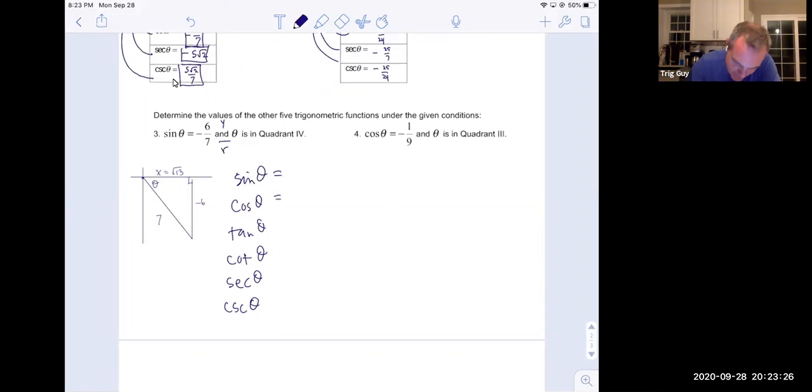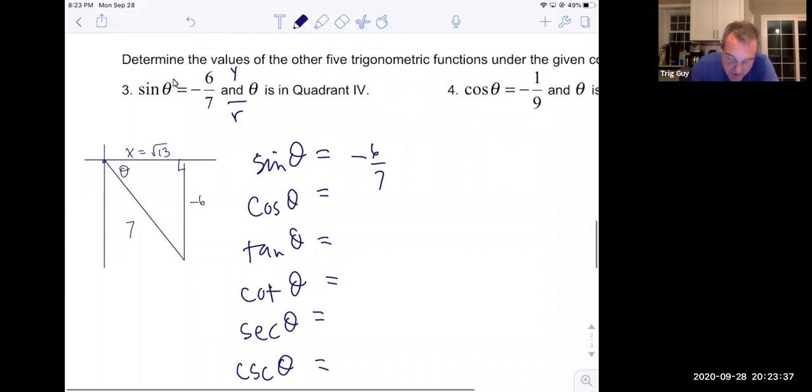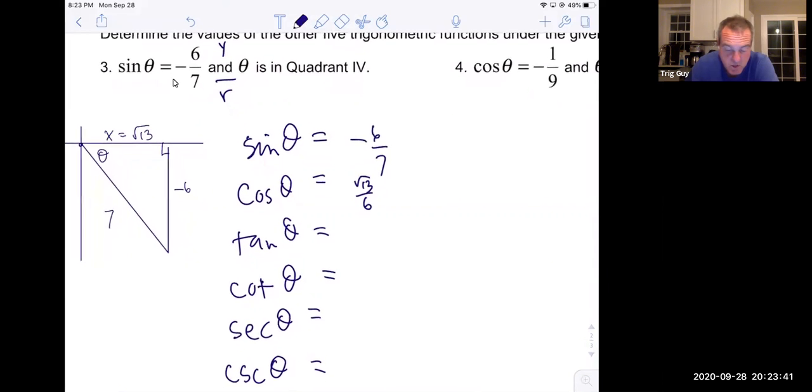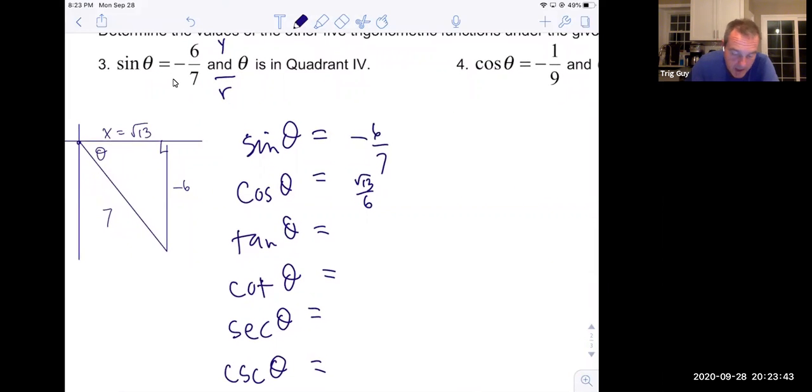Okay, here we go. So sine I got, it's y over r, it's negative 6 over 7. Cosine is x over r, which is root 13 over 7. Right, tangent is y over x. So tangent would be negative 6 over root 13, which when you simplify, you got to multiply top and bottom by root 13.